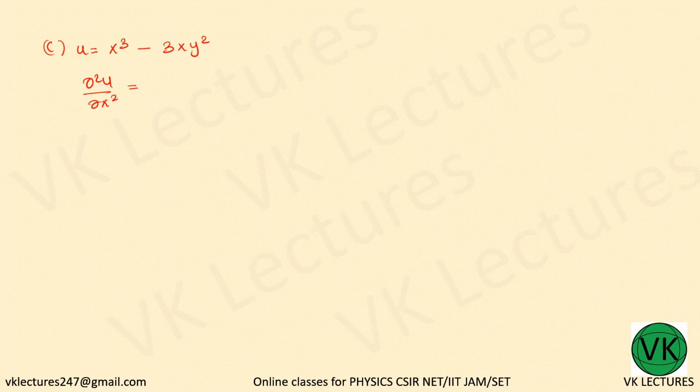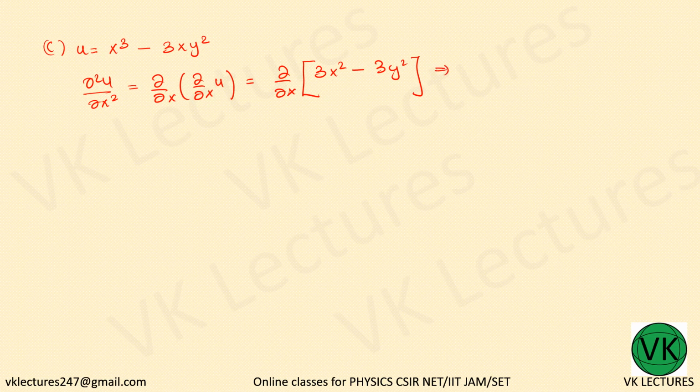Let's do that: dou by dou x of dou by dou x of u. The second derivative means 6x.